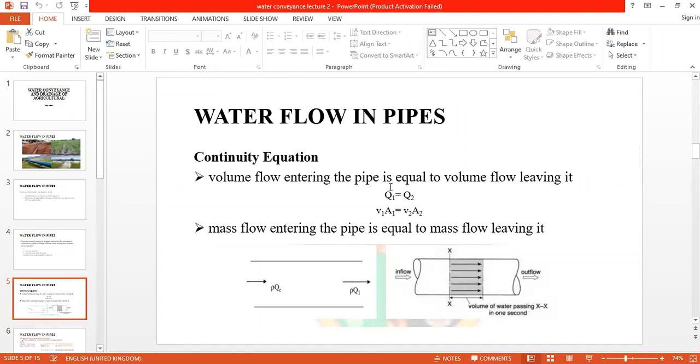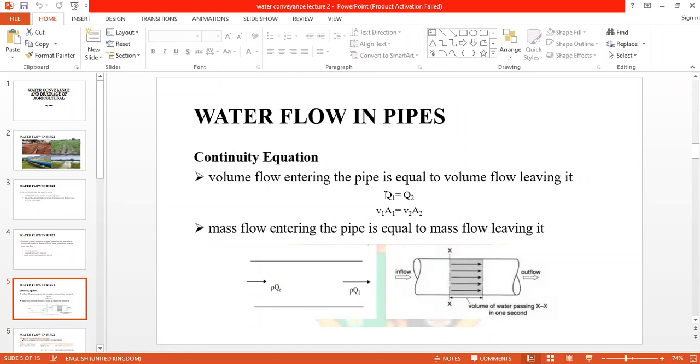So effectively, you have reduced the area through which water is passing. And because you've reduced the area, the velocity has to increase so that the discharge from where the water is coming from and the discharge to where the water is coming out from should be the same.